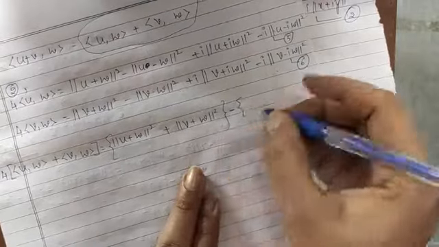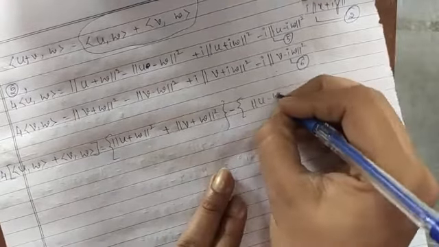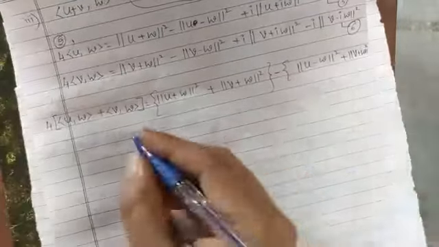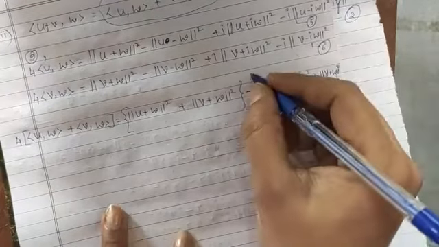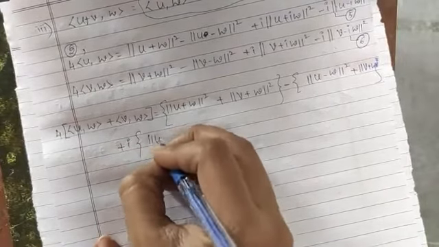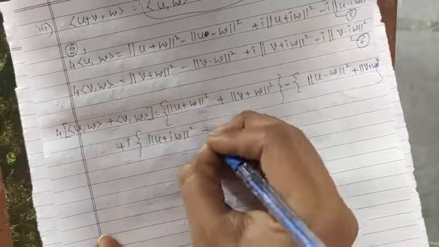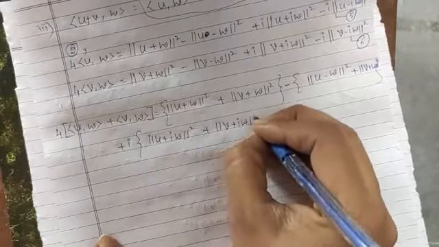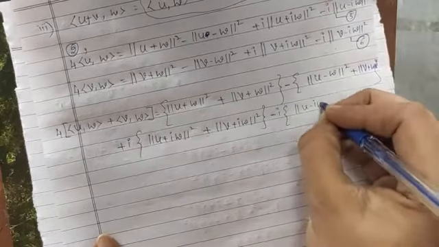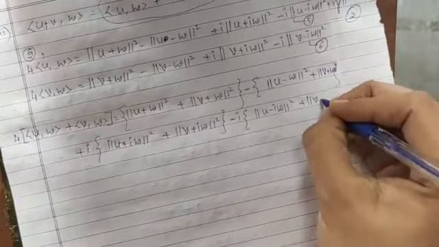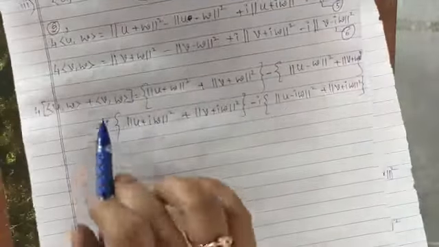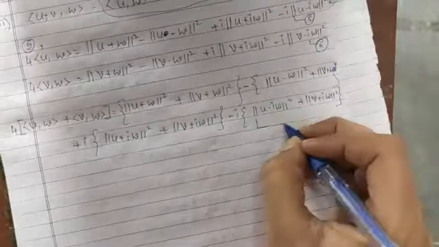Take minus outside, you will get norm u minus w whole square plus norm v minus w whole square, plus, if you take imaginary i outside, you will get norm u plus iw whole square plus norm v plus iw whole square. Again if you take minus i outside, you will get norm u minus iw whole square plus norm v minus iw whole square. So from these two equations we got one single equation. I will call this as equation number 7.